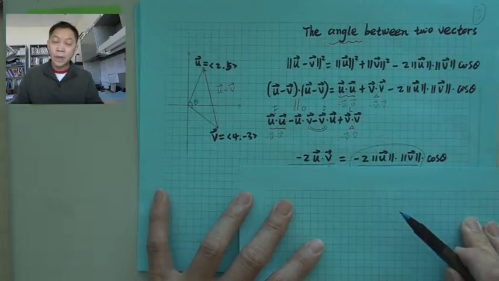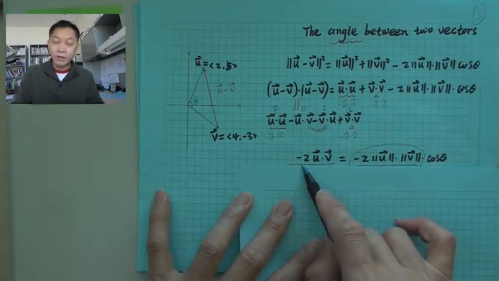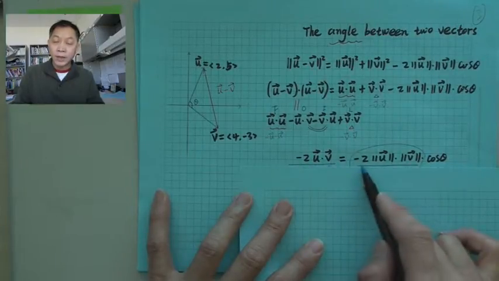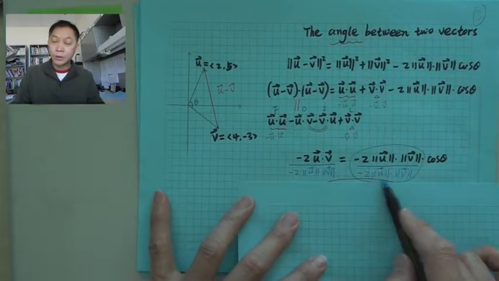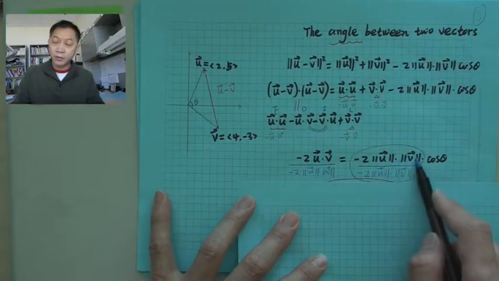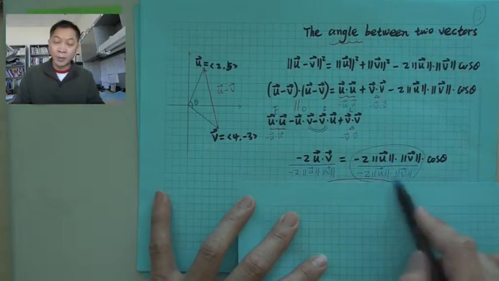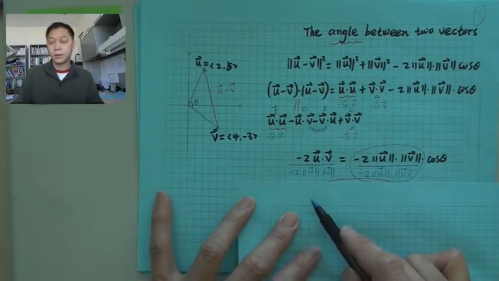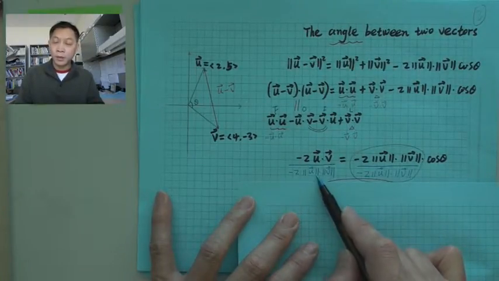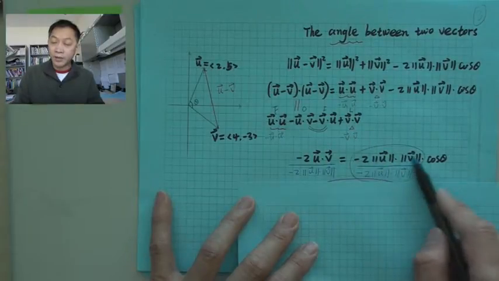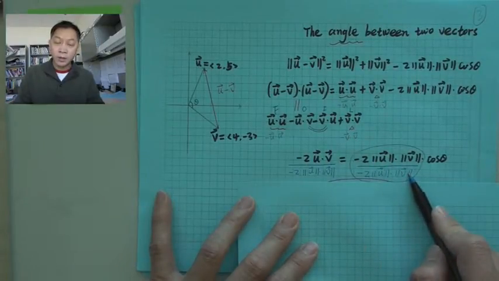Okay? So, divided by what? Divided by negative 2, the length of U, and the length of V on both sides. And then you can see those upstairs and downstairs cancel each other.